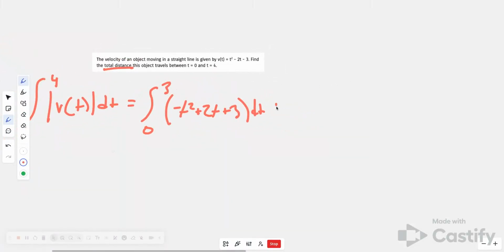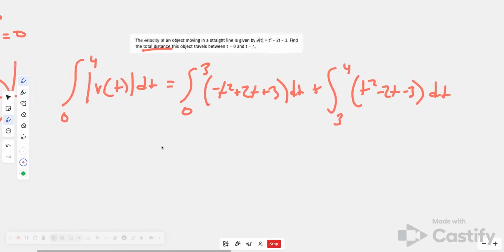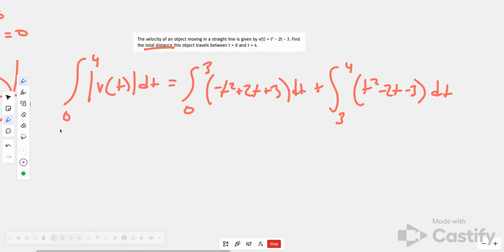And then here now we add the original function, from 3 to 4, t squared minus 2t minus 3. And now we can use the usual steps and evaluate the integral.